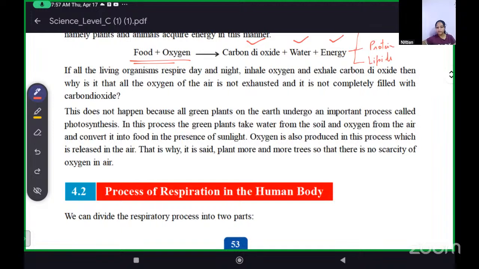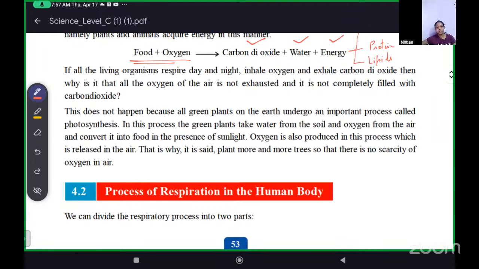Actually, if all the plants in the world died out, we would still have a lot of oxygen left to last for some time. Maybe that's true. After a few generations, then only the oxygen will get exhausted. Yes, that's correct.